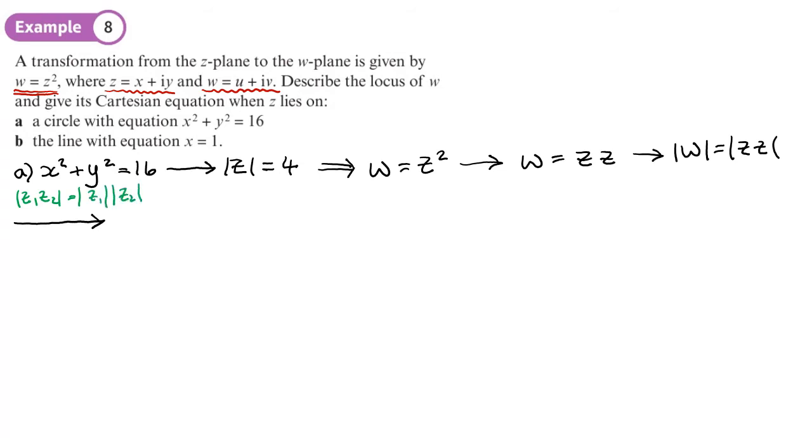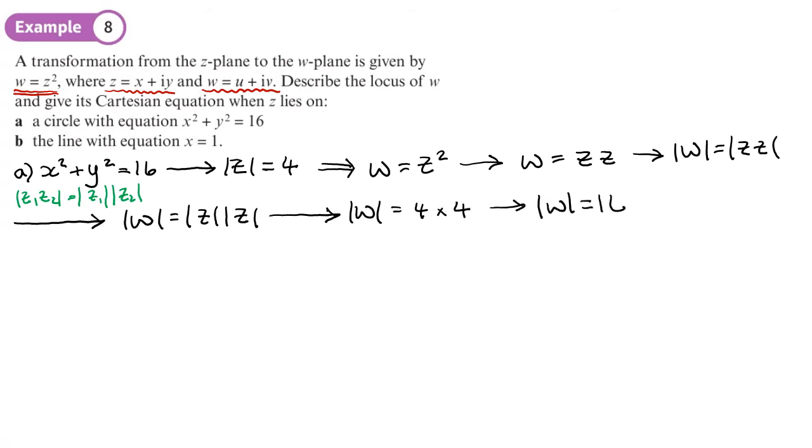So we can apply that rule, and we'll get the modulus of w equals the modulus of z times the modulus of z. Now we've got this in a form where we can substitute. These moduli of z we can replace with 4. So the modulus of w equals 4 times 4, so the modulus of w equals 16.